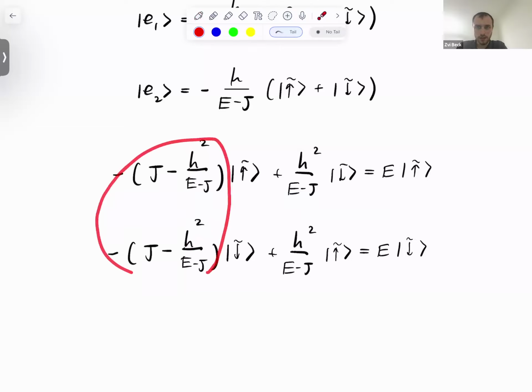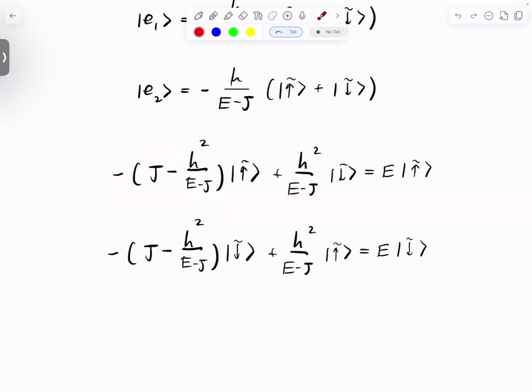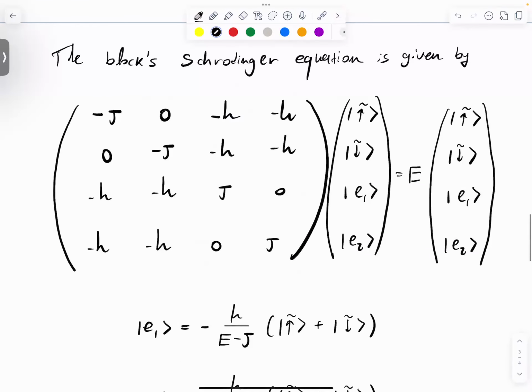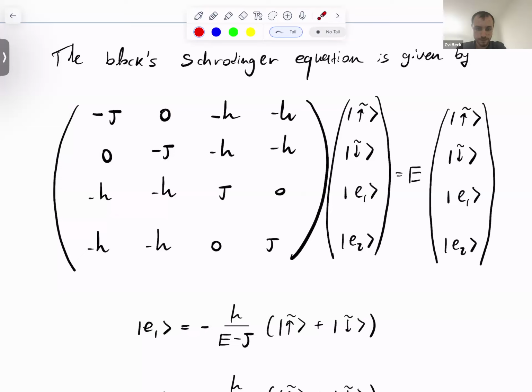I'm sorry, I'm not that concentrated at home, but I'm not sure how you went to these equations from the matrix. Is it just simple algebra? It is simple algebra because each one of these rows represents a linear equation, right? Yes.